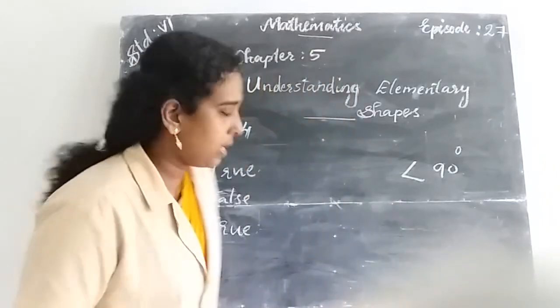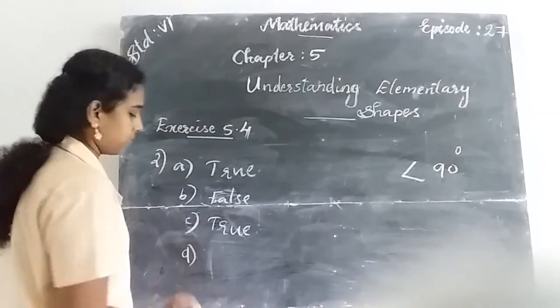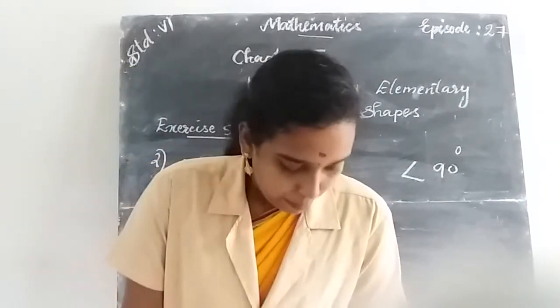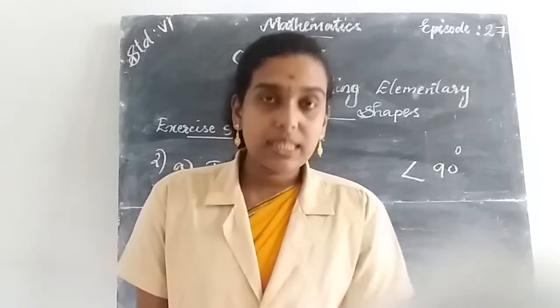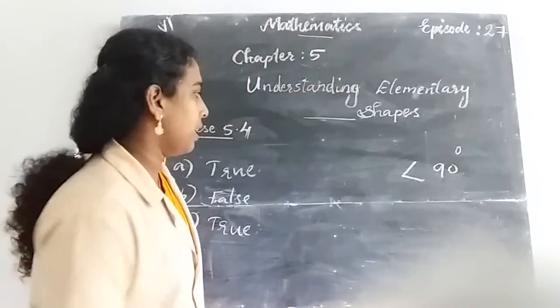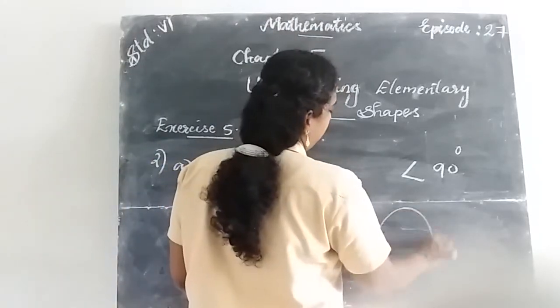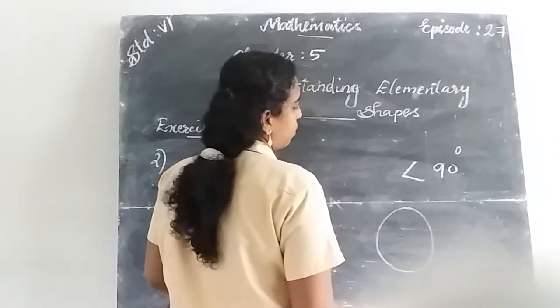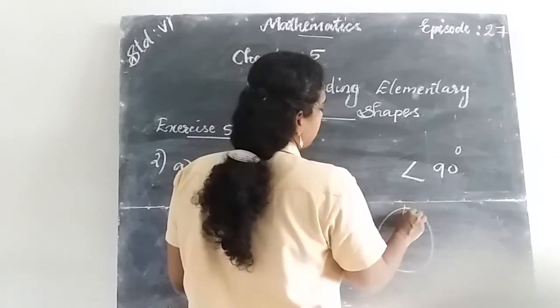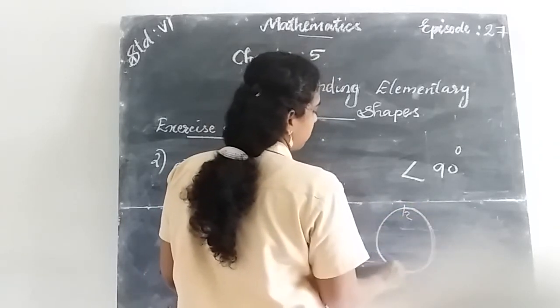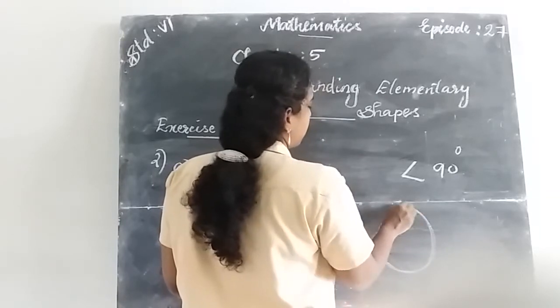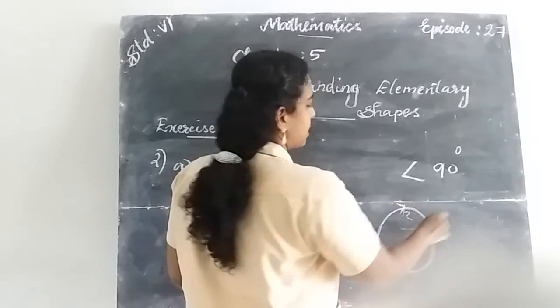Then question D. The measure of one complete revolution is equal to 160 degrees. Yes, if we consider the hands of a clock, it starts from 12 and completes one revolution, which means it returns to 12 and takes 360 degrees.